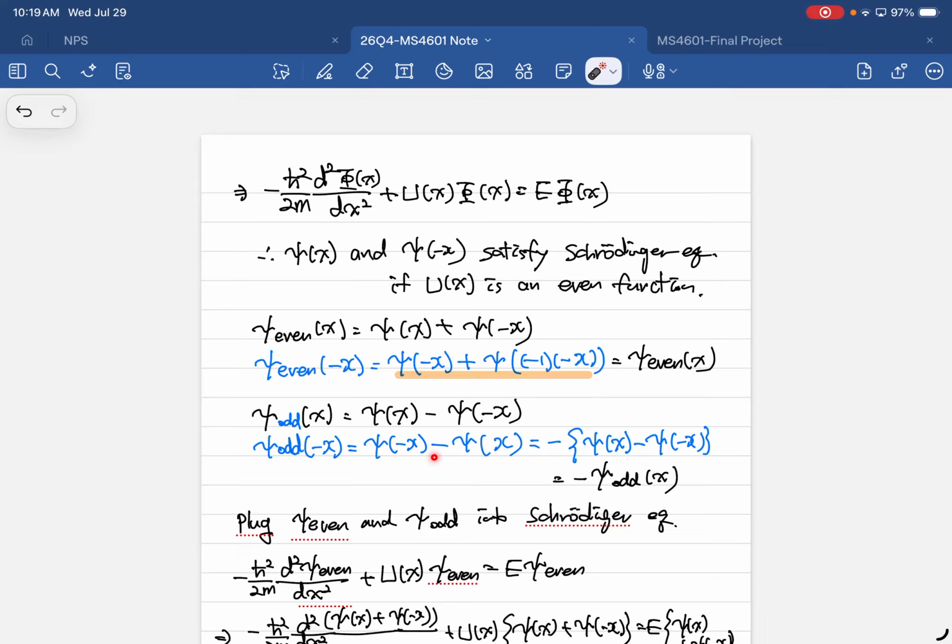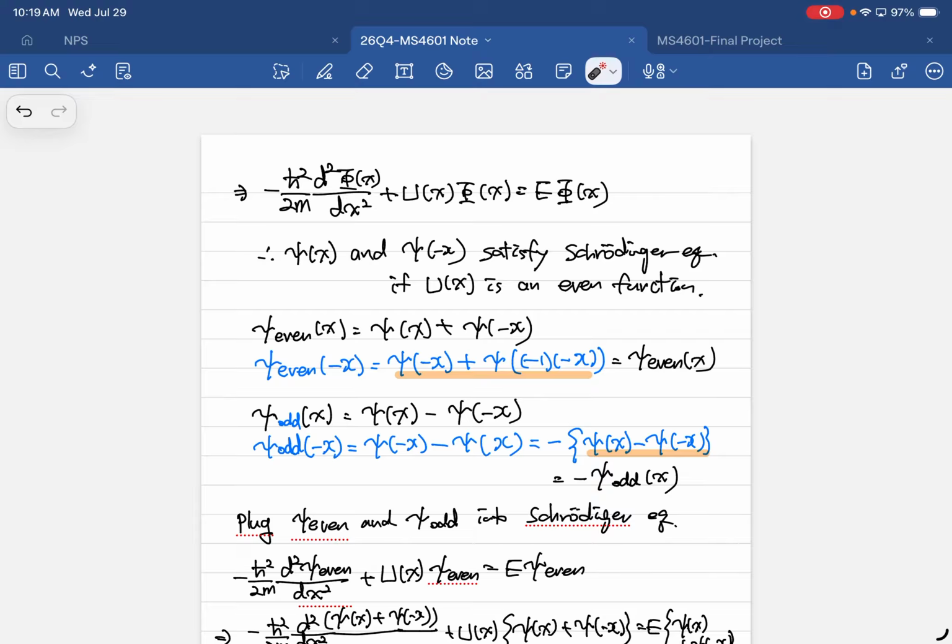So what is this one? If we put the negative sign out, it becomes psi of x minus psi of negative x. So this one is essentially negative psi odd of x.